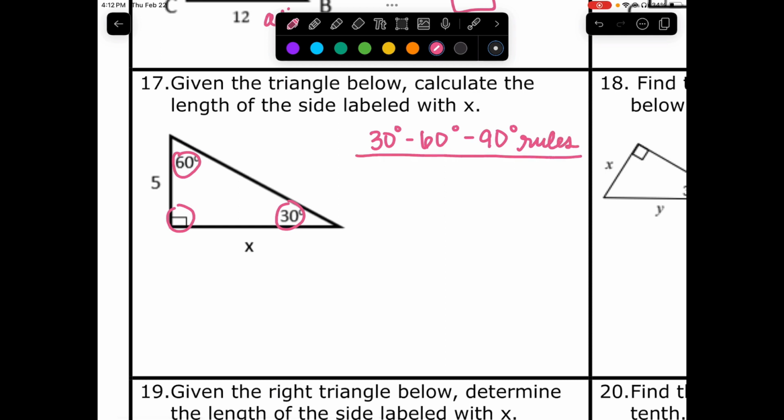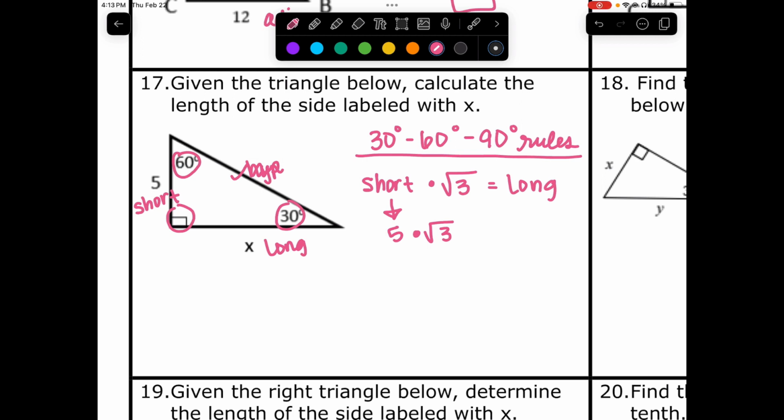The 30, 60, 90 rules say that there's a short leg, there's a long leg, and then of course we have the hypotenuse. But we don't really need it for this problem because the X is on the long leg. So if you know the short leg, all you have to do is multiply that by the square root of 3, and that'll equal the long leg. So the short leg is 5. So we're just going to multiply that by the square root of 3.